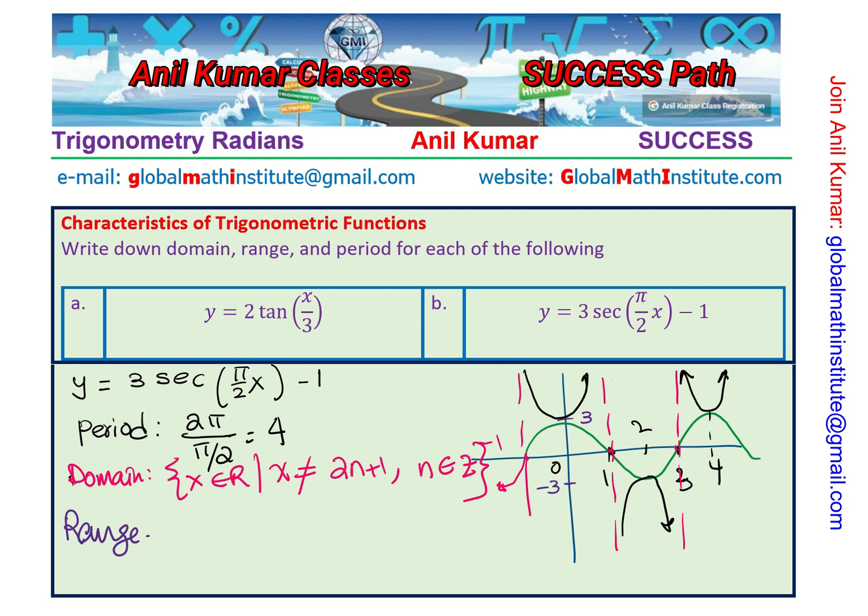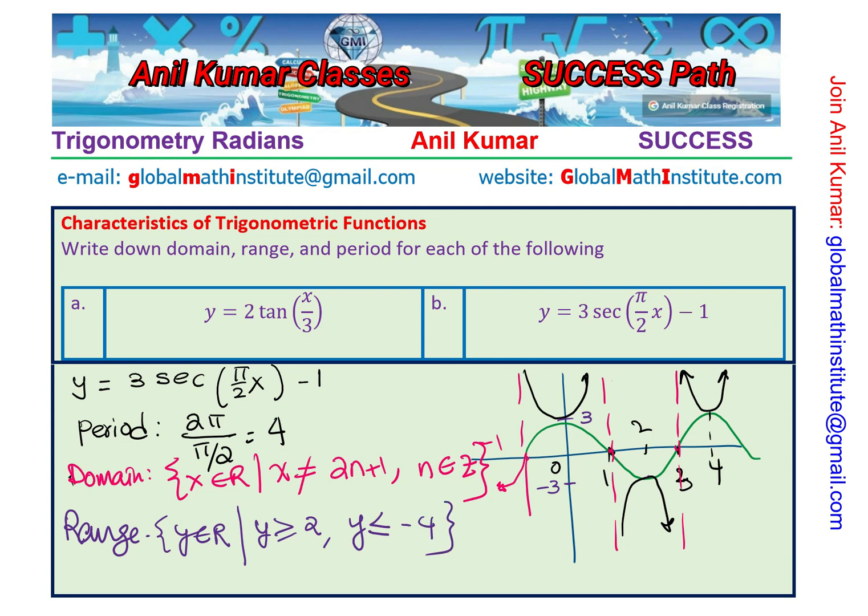Now, if I bring it 1 unit down, in that case, the range will be y belongs to real numbers, but y will be greater than or equal to 2, or y is less than or equal to minus 4.